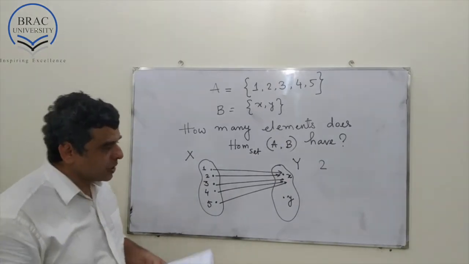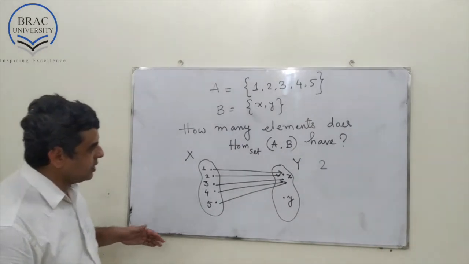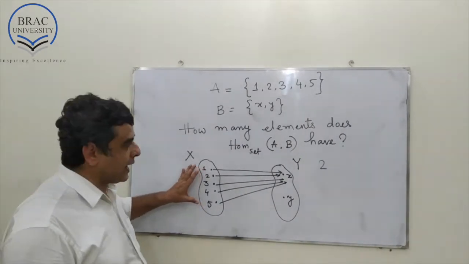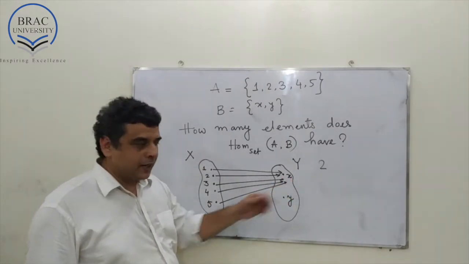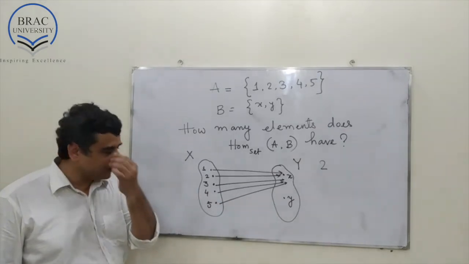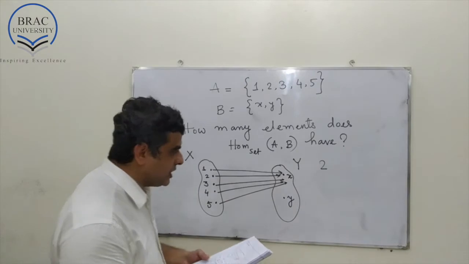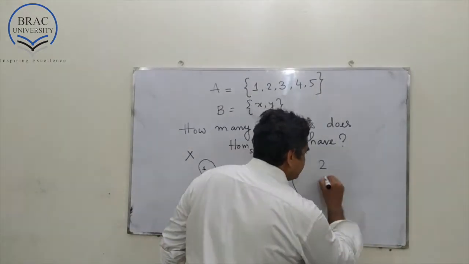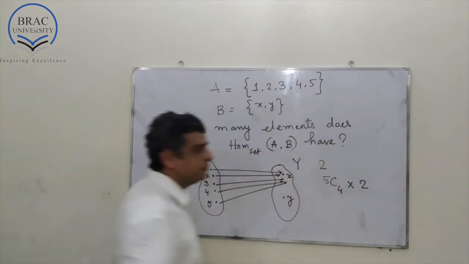Alright. Now, there is another possibility where 4 of the elements of A are mapped to one of the elements of B, and the remaining element is mapped to another element of B. How many ways can we do that? We can achieve that in 5 choose 4 times 2 ways.